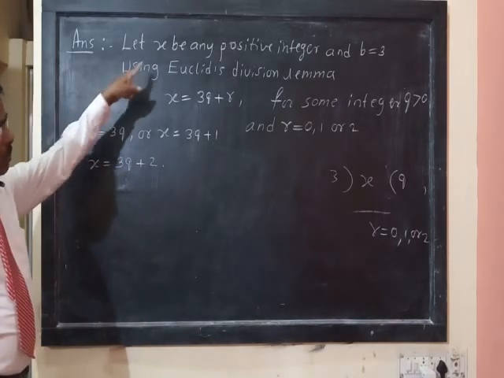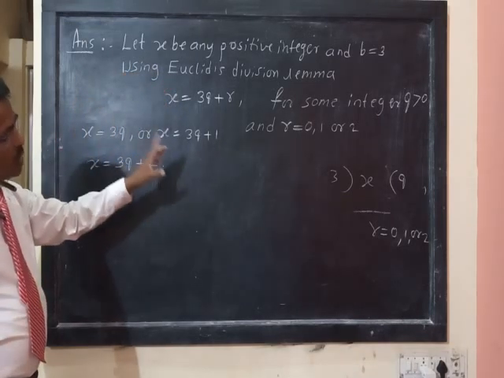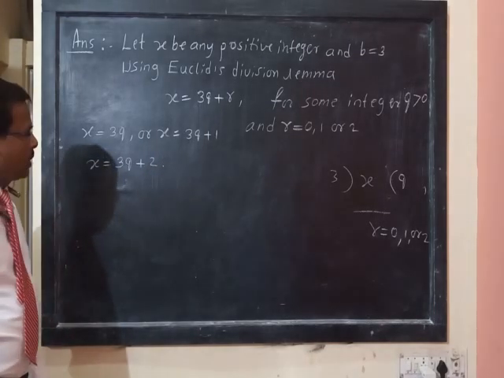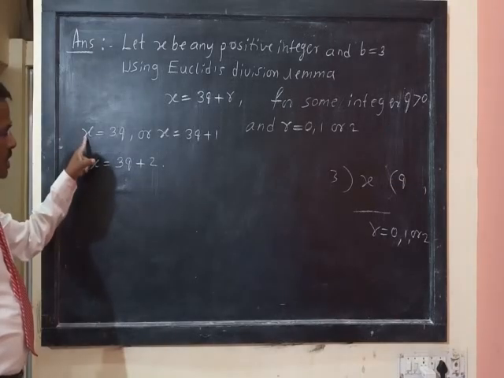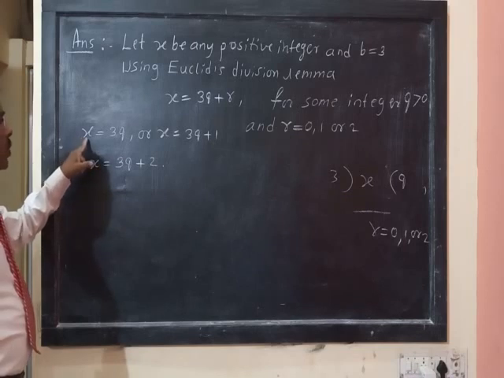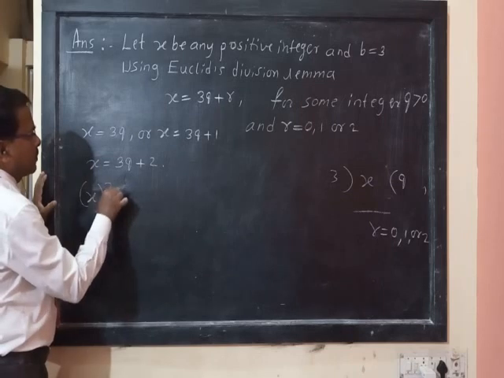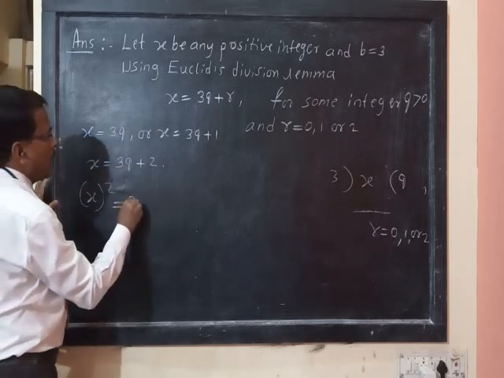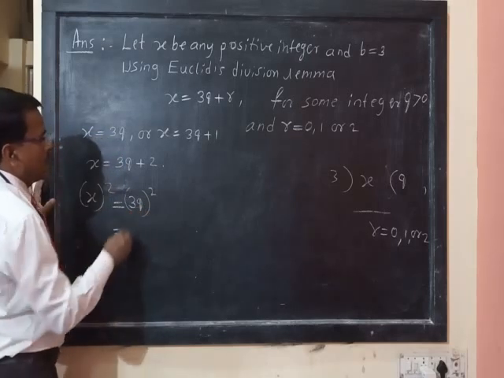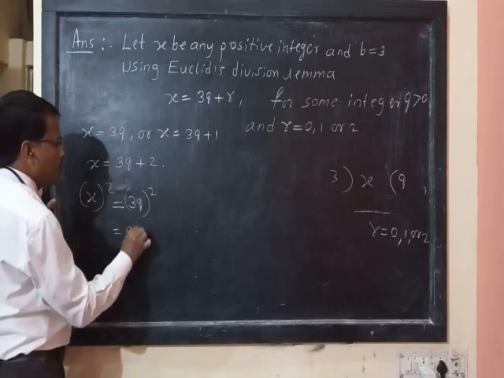But x is any positive integer. The question is, square of any positive integer is of the form 3m or 3m plus 1. Here x is a positive integer, and we need the square of any positive integer. Therefore, we have to square this. So x square means 3q whole square, which is nothing but 9q square.